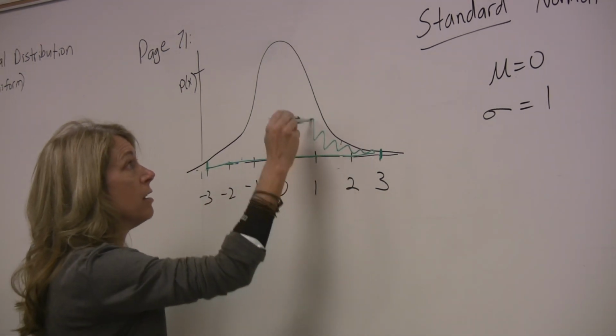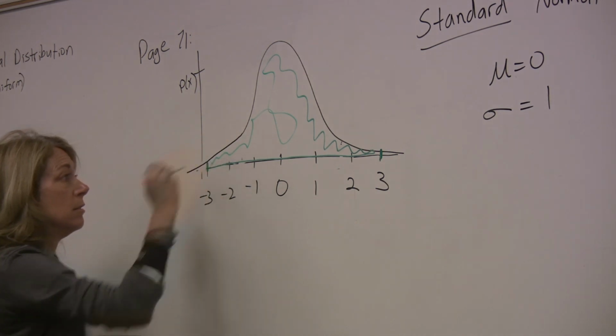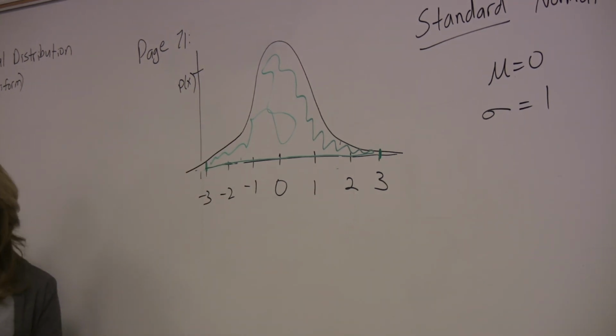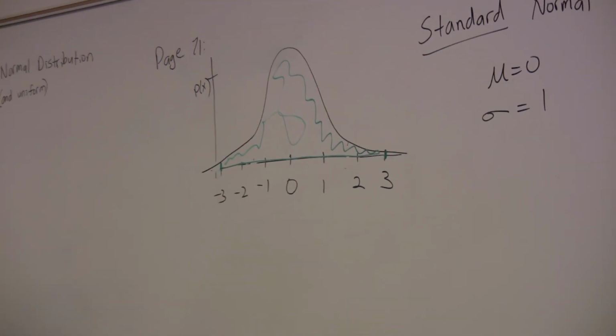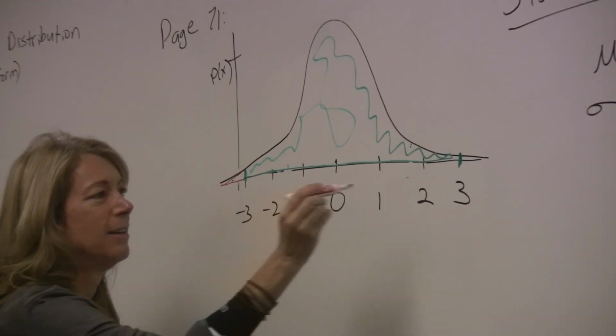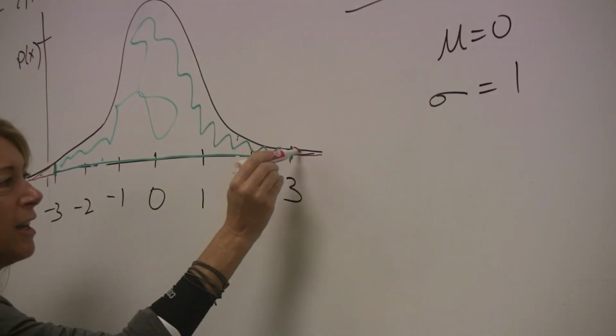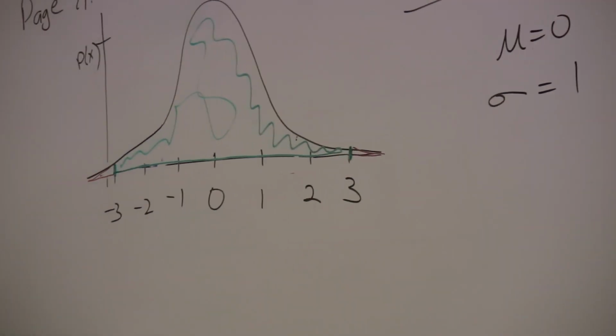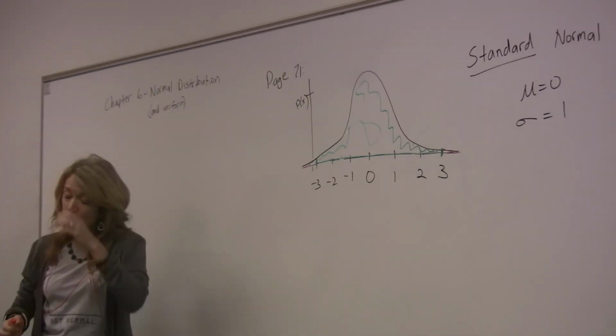It's almost all of it. But I'm going to exaggerate these. Do you agree there's a couple little slivers over here that get left out? Can we round it to 1? Technically it would round to 1.